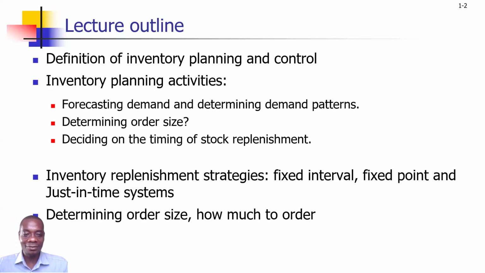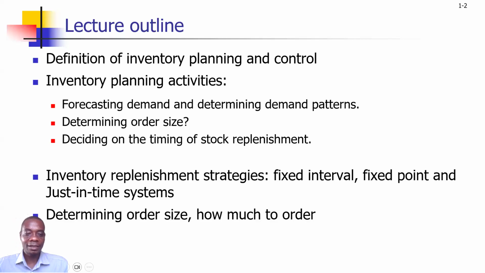But if you are from certain homes where it takes 2 weeks for them to send 100 cedis to you, then you have to raise the alarm much earlier. So just in time doesn't work for everybody. Fixed interval also doesn't work for everybody. Fixed point doesn't work for everybody, but it depends on the circumstances. So that is how we also manage our inventory business.